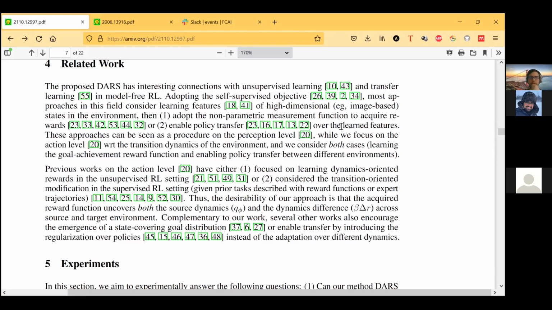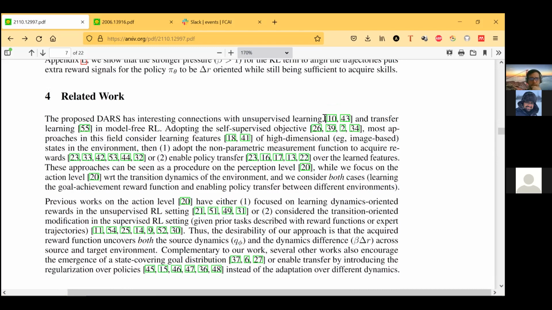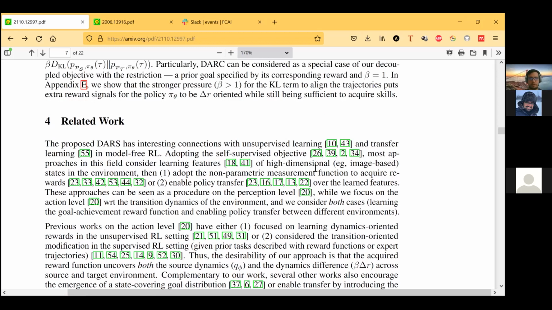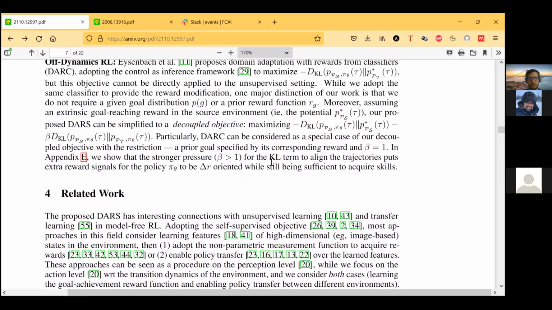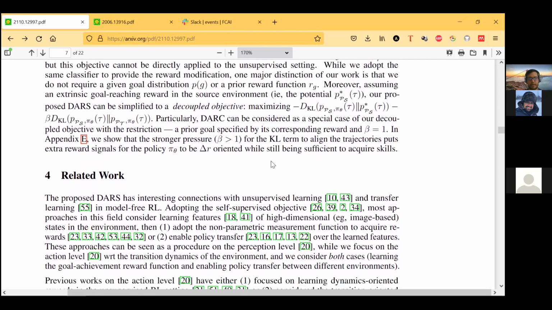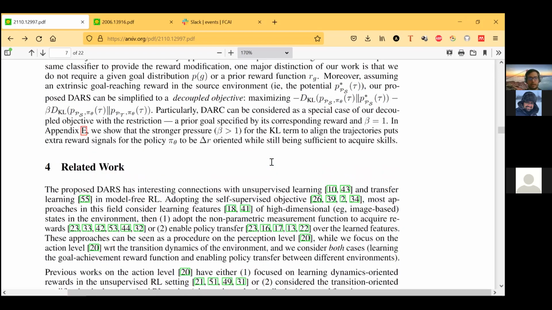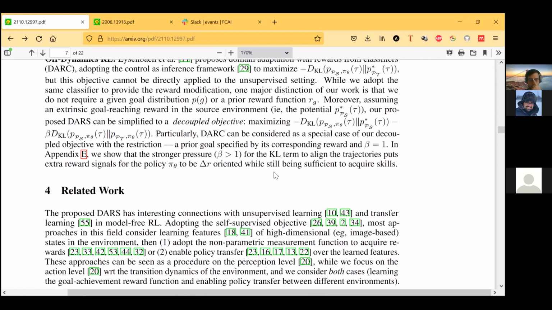So in their work, I think they do not do transfer from different environments and so on. But I guess it's not the most interesting comparison, because, yeah, your question is, if we forget about the change in dynamics, what's the difference between this and diversity is all you need?